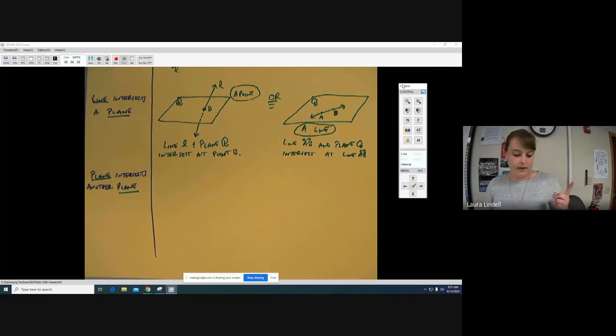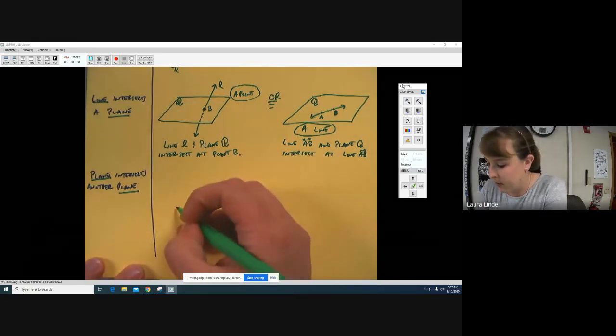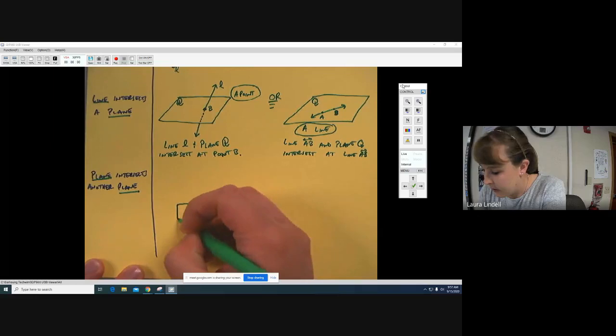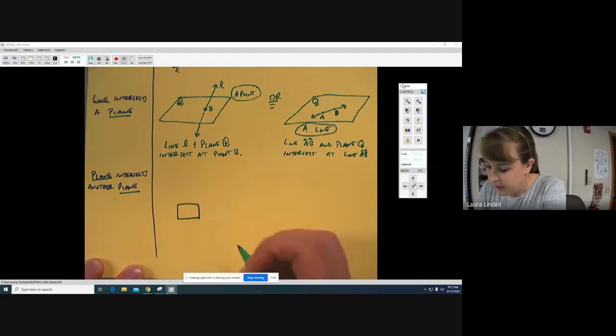So the first way that you might see, or the first type of problem that you might see with this, is if you've got like a cube or a rectangular prism, something like that. So we're going to go ahead and draw something like that real quick. So getting our square on the front.